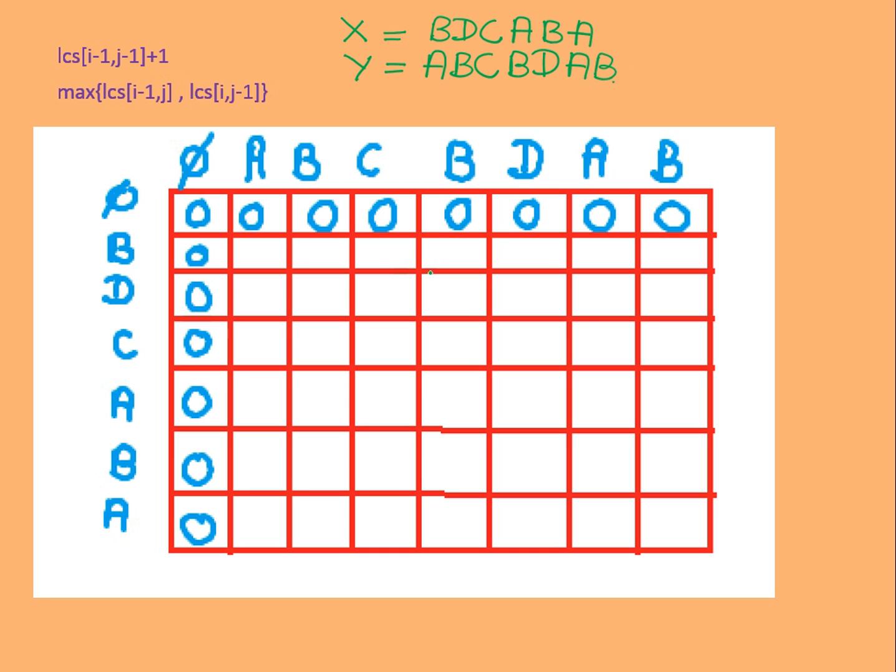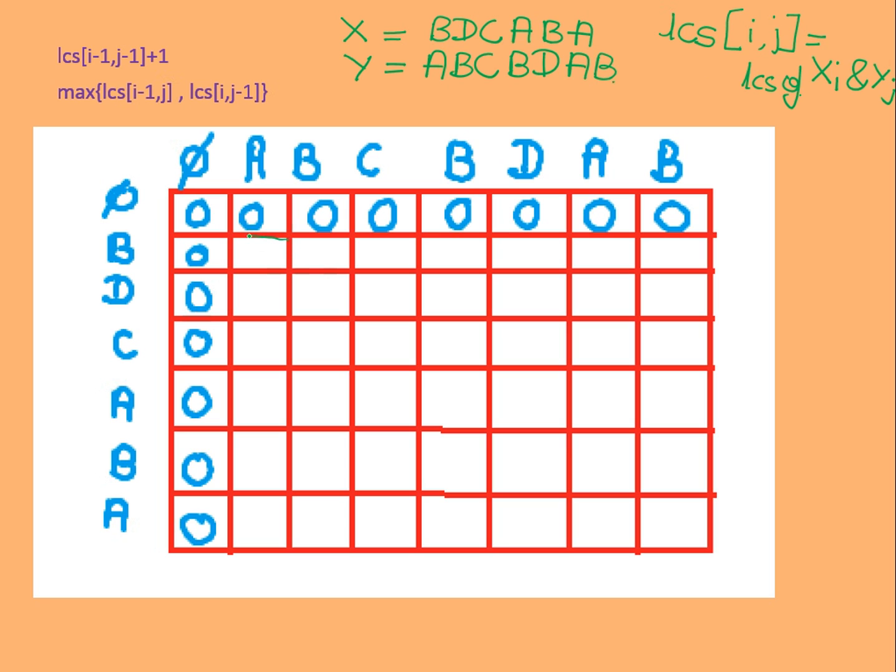At each cell, suppose I represent this matrix by LCS, then LCS[i][j] stores LCS of Xi and Yj.